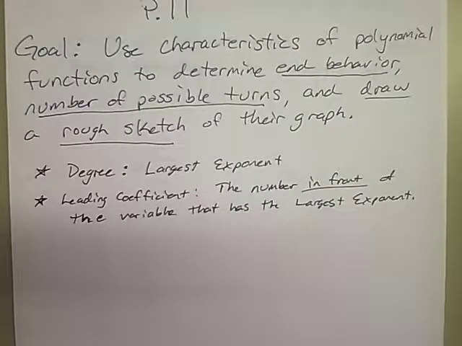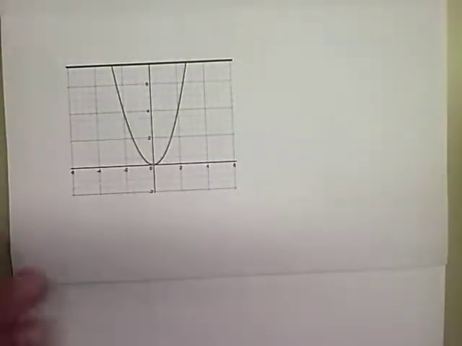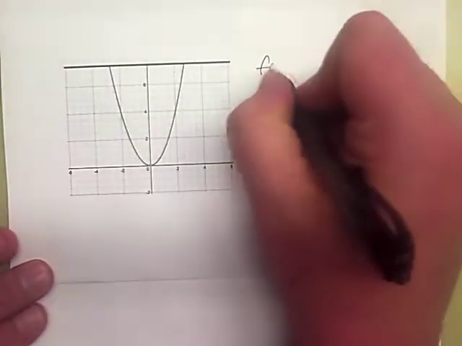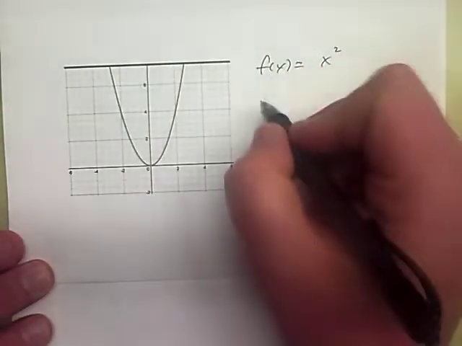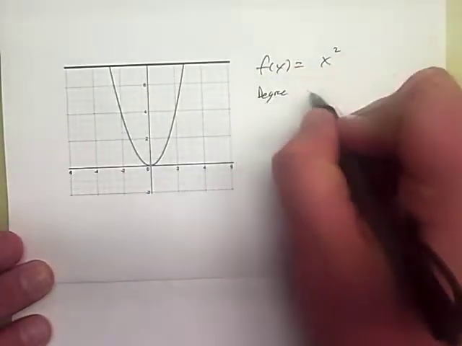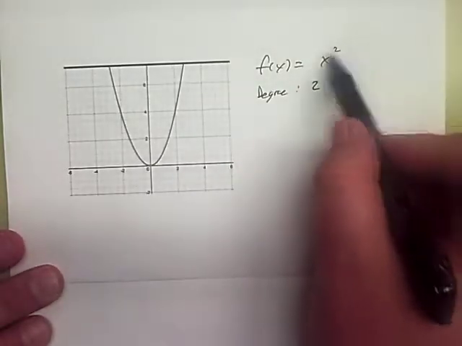Now, I want to get you familiar with a few graphs, and then we're going to take a look at end behavior. So the first graph I want to take a look at is this one here. So this is the graph of f of x equals x squared. And the degree here is 2.